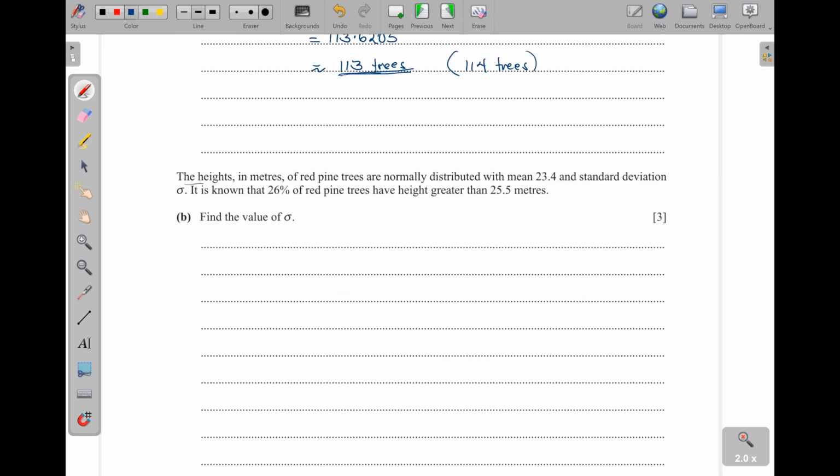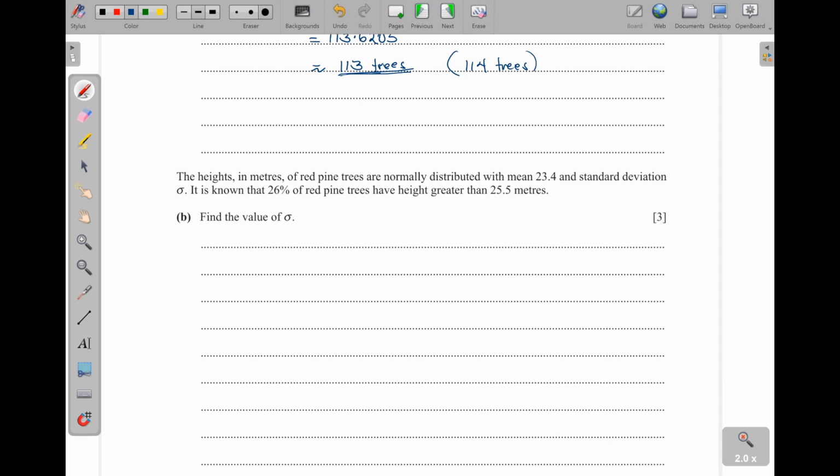Then they are saying here the heights in meters of red pine trees are normally distributed with mean 23.4 and standard deviation sigma. It is known that 26% of the red pine trees have height greater than 25.5 meters. And we are told to find the value of that sigma, or the standard deviation.